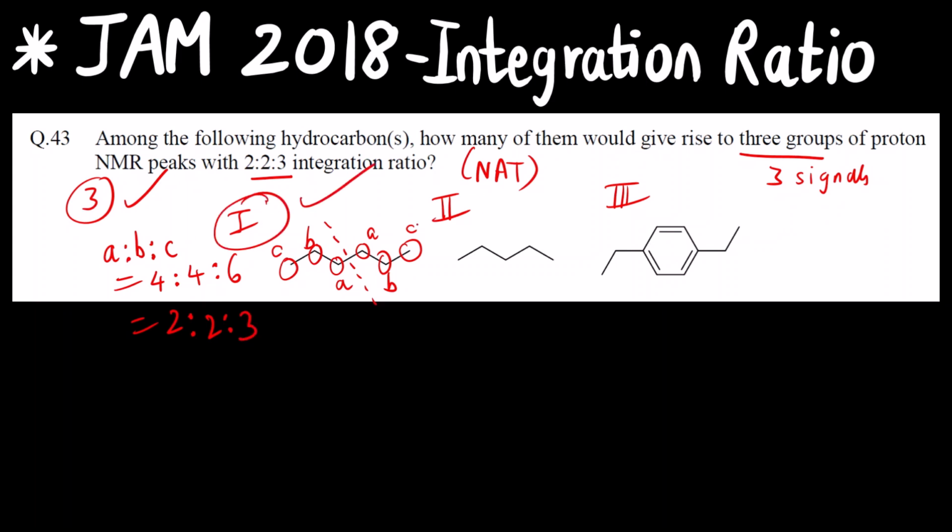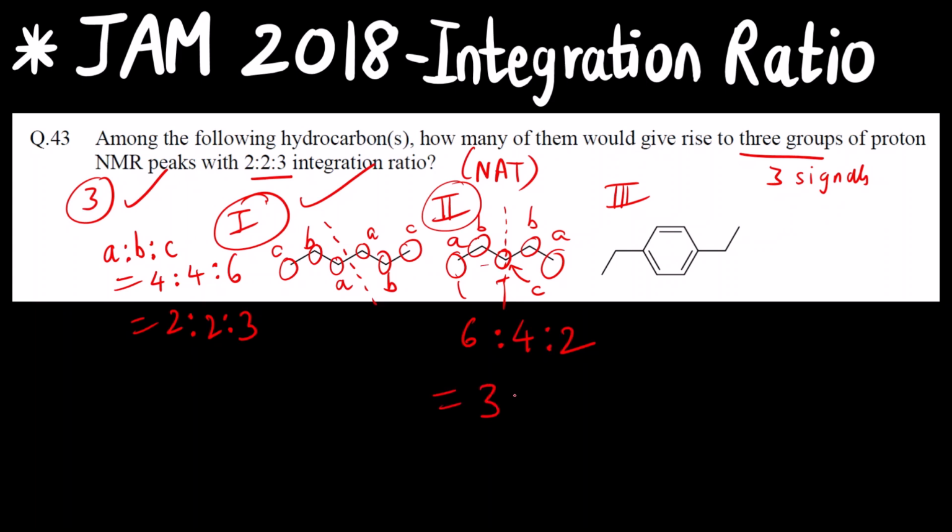So this molecule is satisfying. Second one: is there any plane of symmetry? You can draw a plane like this. This methyl and this methyl will show one signal A. This CH2 another signal B. This CH2 will show another signal C. The ratio will be 3 plus 3, 6; 6:4:2, and CH2, that is 2.